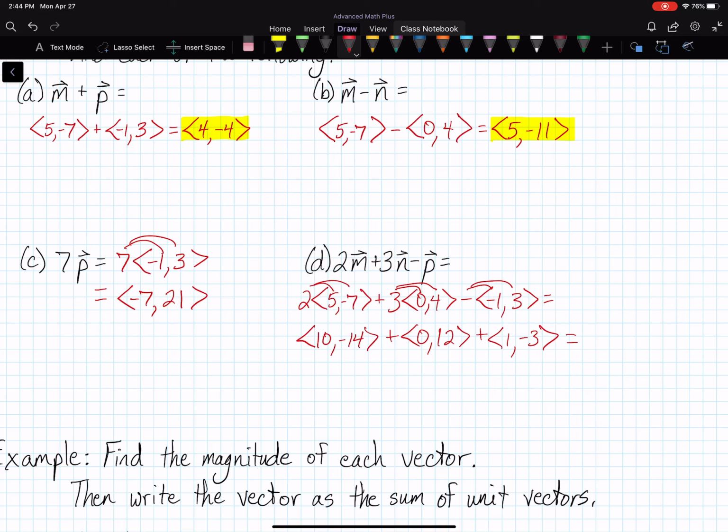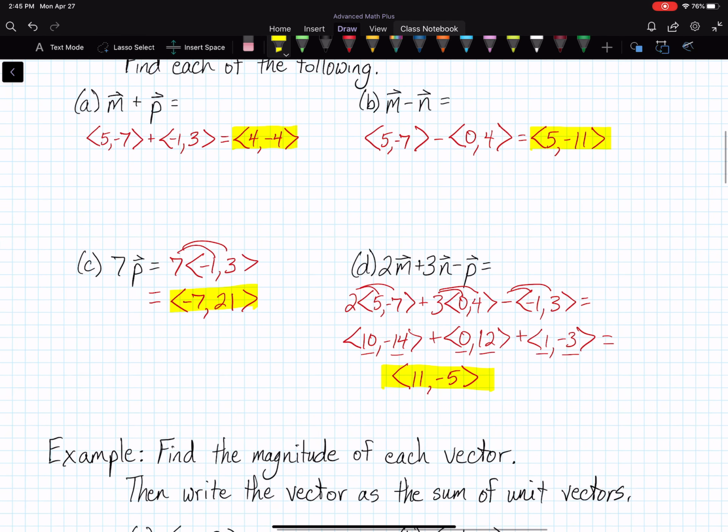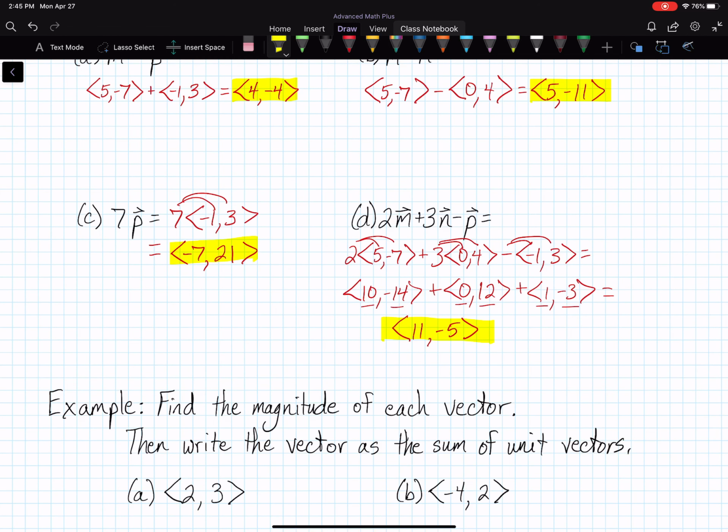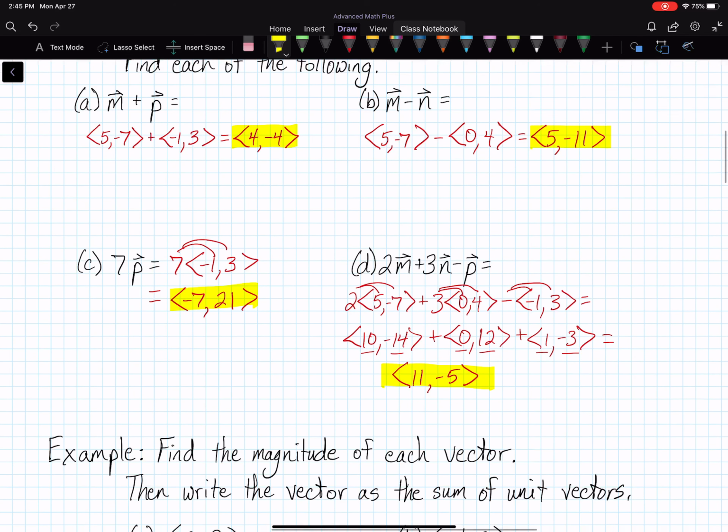And then you just add up the parts that are left. 10 plus 0 plus 1 is 11. -14 plus 12 plus -3. Let's see, that'd be -2, that'd be -5. So, that's how you do the addition and subtracting and multiplication of your vectors.